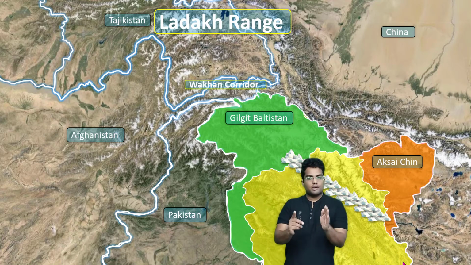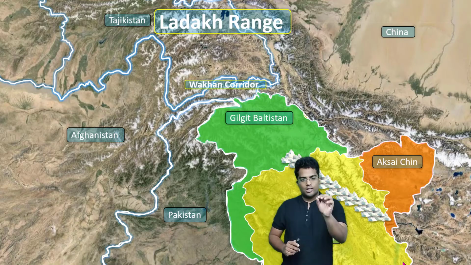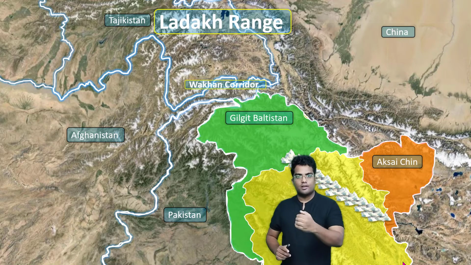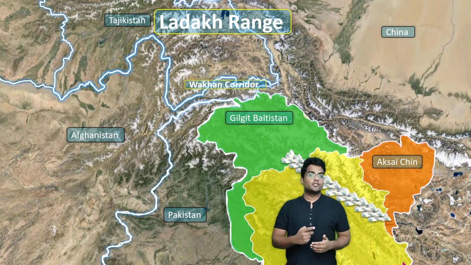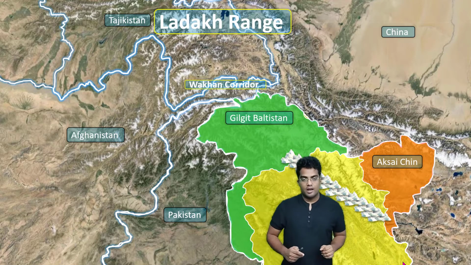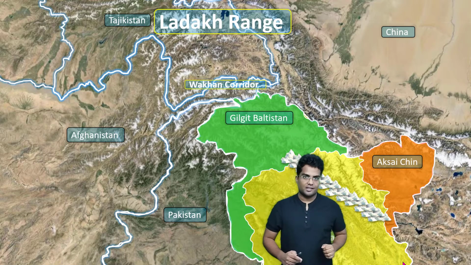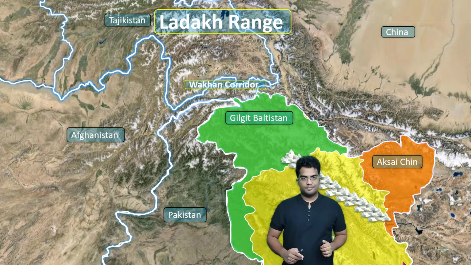Now remember, 80% of the Ladakh Range is in India. Only some parts of the head are in Gilgit-Baltistan, and some part of it, that is the tail, is in Aksai Chin. However, if we were discussing the Karakoram Range, if you remember, the majority of the Karakoram Range was in Gilgit-Baltistan, right? So that's the Ladakh Range.